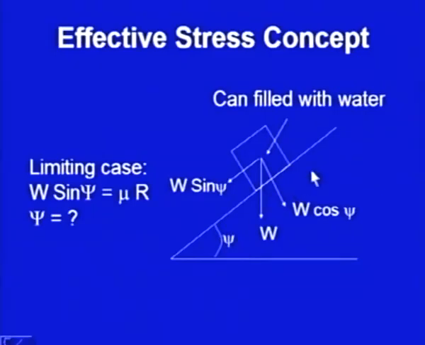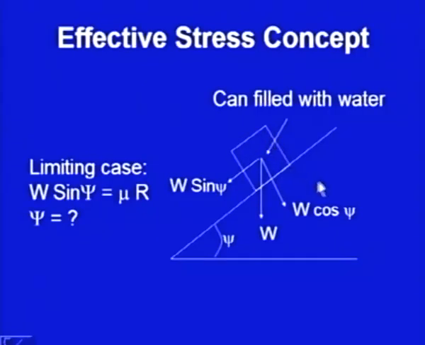Now, what we are doing is gradually increasing this psi value, which means we are gradually tilting this inclined surface more and more. The question is, can you find out the maximum value of psi, or in technical terms, the limiting value of the angle at which this particular body remains in equilibrium?